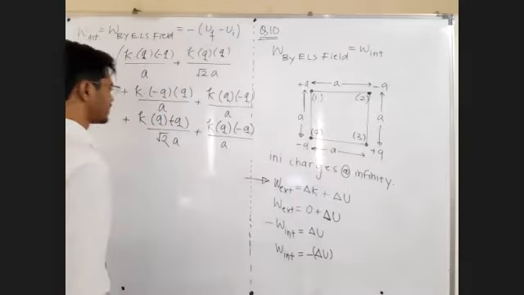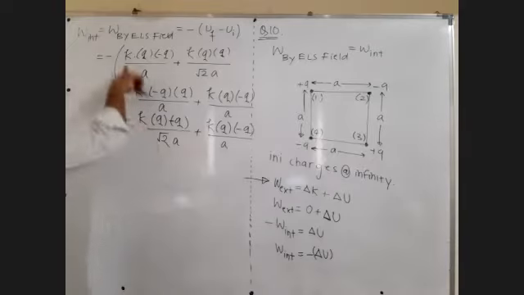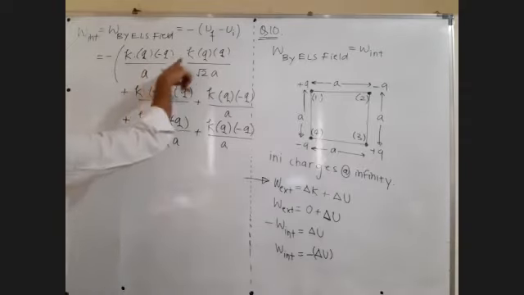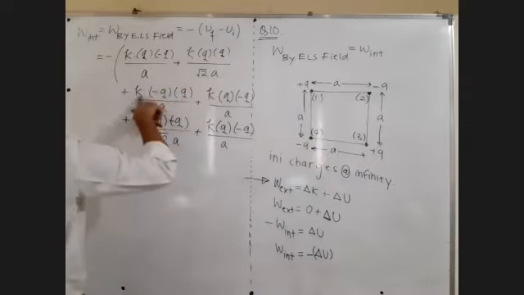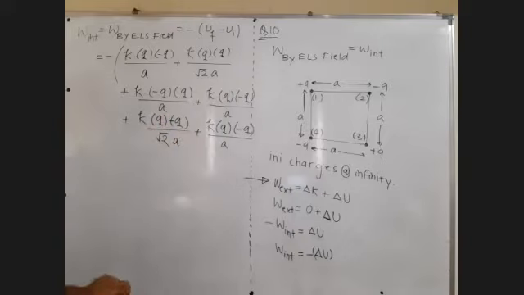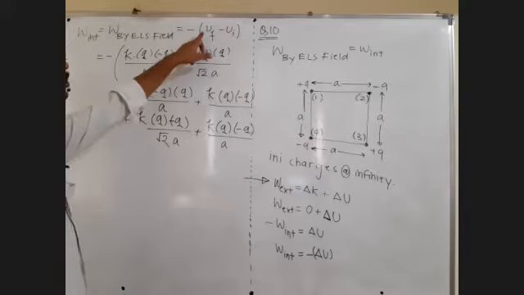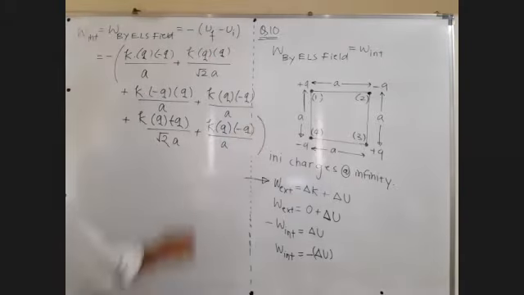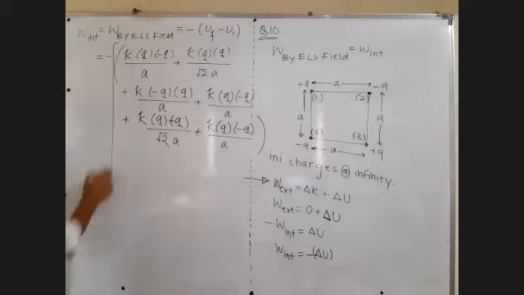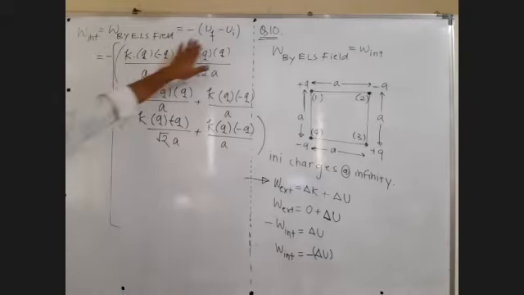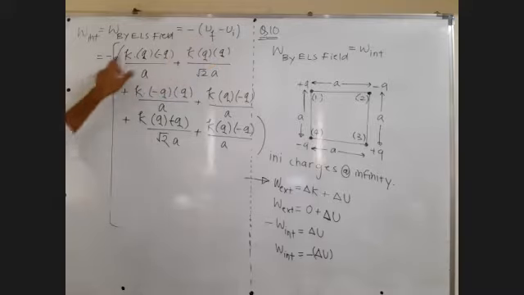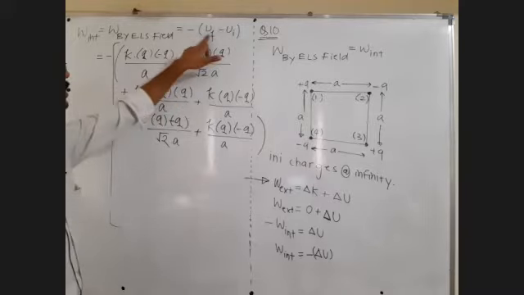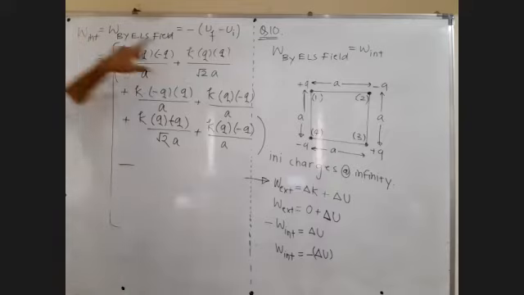Now it is quite obvious that K into Q square upon a is present everywhere. Right now what we wrote is U final. Let us put a huge bracket like this. This is U final, and this minus sign is here. Now this minus sign and U initial.